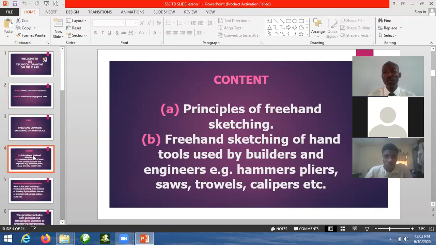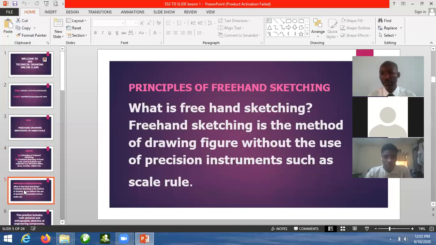But for the purpose of this class, we are going to be considering principles of freehand sketching. When we say principles of freehand sketching, we are talking about those things that we need to consider when going on freehand sketching.